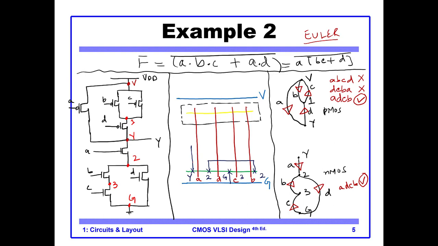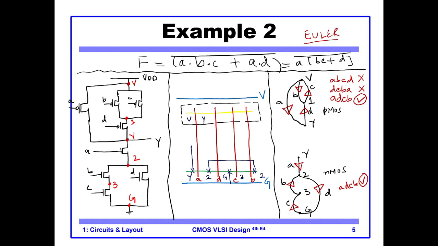Now let's come to the PMOS side. Again, on the PMOS side, on one side of A is V, and on the other side of A is Y. So I can say that V is here and Y is here. Why?